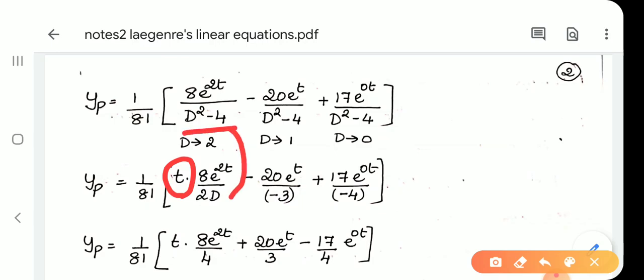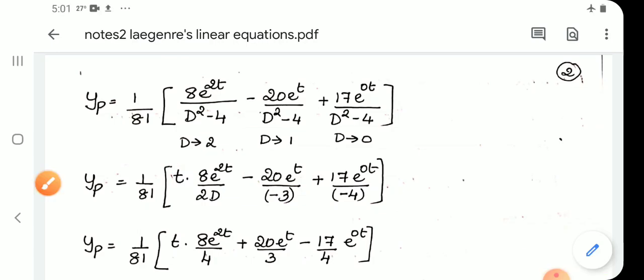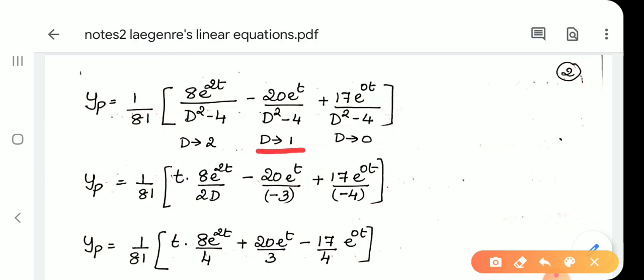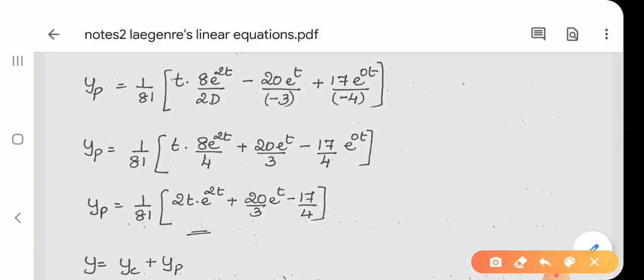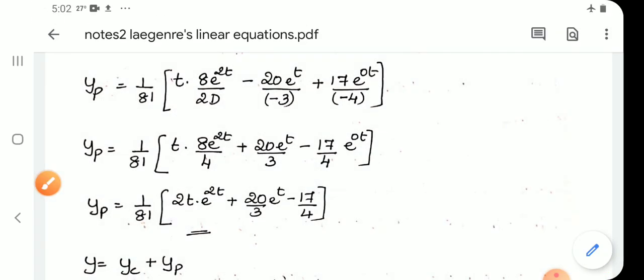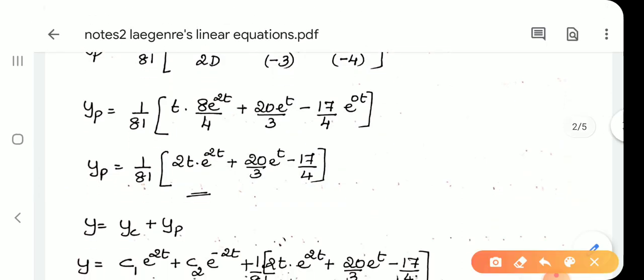When we differentiate, we get the denominator as 2d. Similarly, in the second term, when we replace d by 1, we get 1 minus 4, which is minus 3. In the last term, when we replace d by 0, 0 minus 4 becomes minus 4. So again in the first term here, if we replace d by 2, 2 into 2 becomes 4.